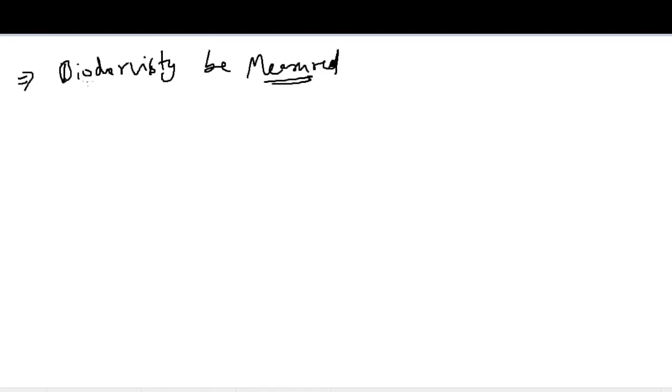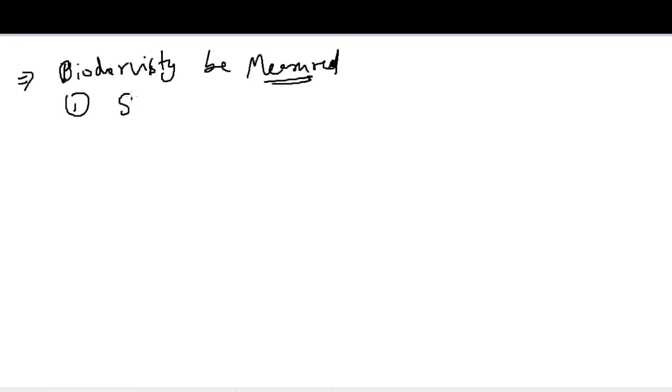Now, having understood the concept of biodiversity, we must concentrate on our next topic, that is how biodiversity can be measured. There must be some metric to measure this biodiversity. Okay, so biodiversity is measured on two levels.